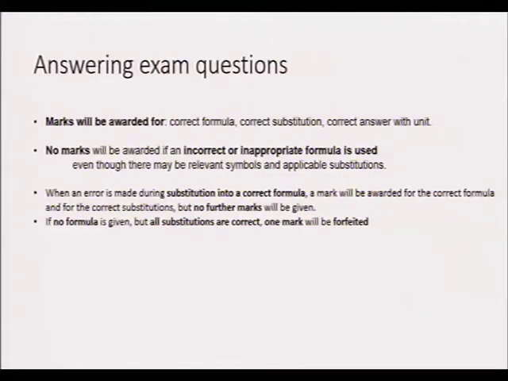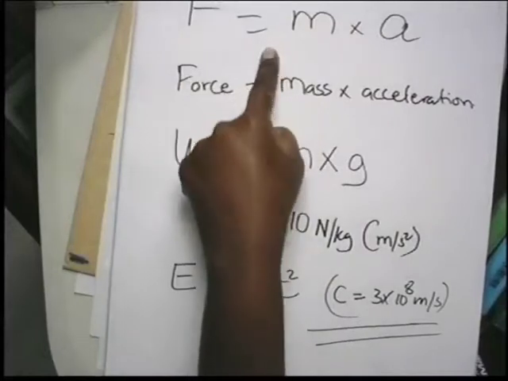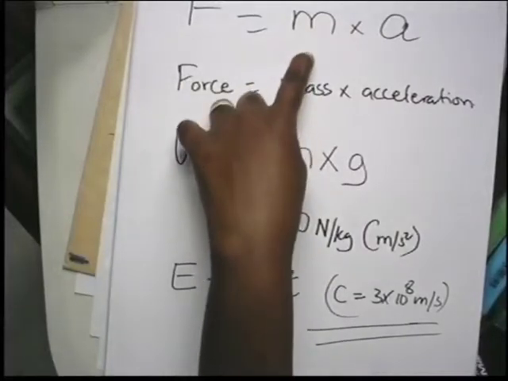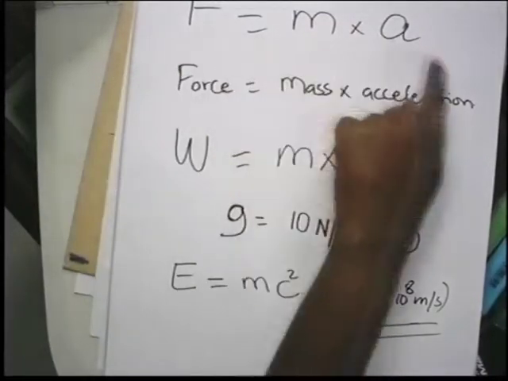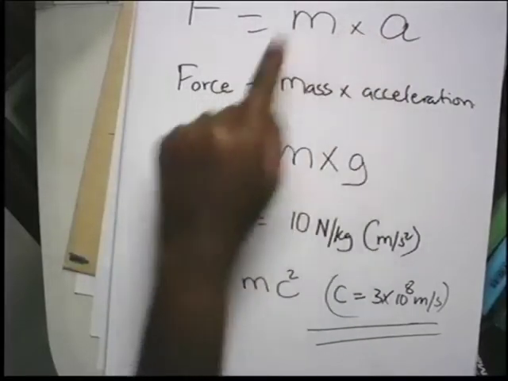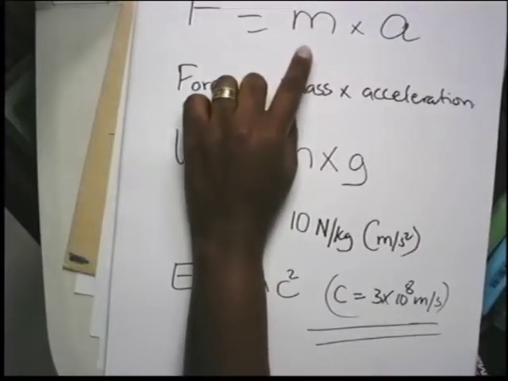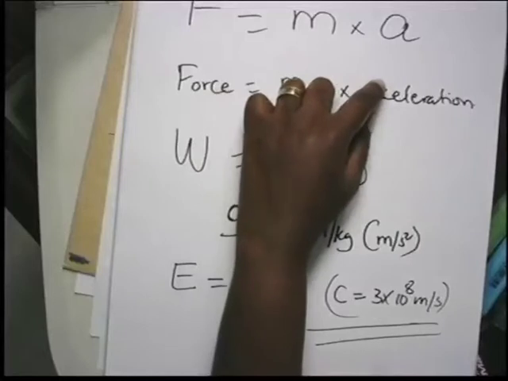When an error is made during substitution into a correct formula, let's say for example you have an equation like this, force is equal to mass times acceleration, that's your correct formula, but when it comes to substitution, you either put in a wrong mass or a wrong acceleration.